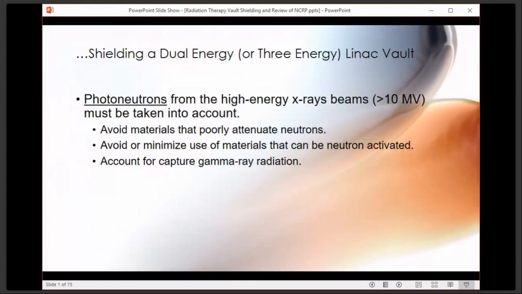So I mentioned neutron activation. High energy machines do activate some of the material in the room, be it concrete or other materials that might be in there. Now it's fairly low activation at 15 MV, a little higher at 18 to 23, and it can be very high.